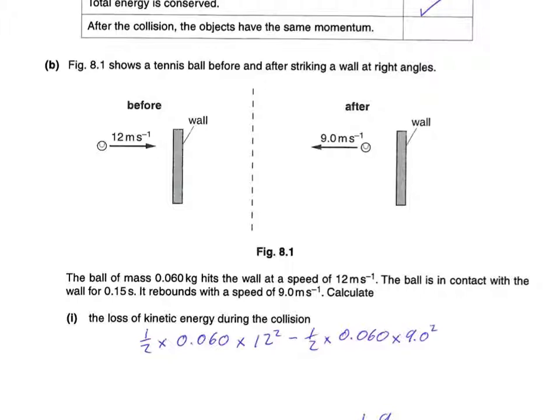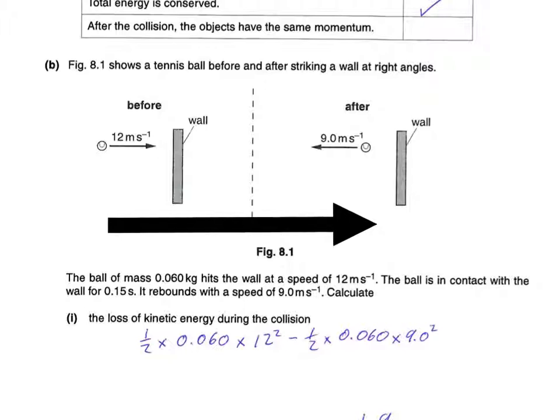Before I do anything else, I'm going to draw on an arrow over the whole diagram and decide which direction is going to be positive, and I'm going to just mark on there positive. There you go, my beautiful handwriting. That direction's positive. So that's going to help me when I'm thinking about the signs as I go on.